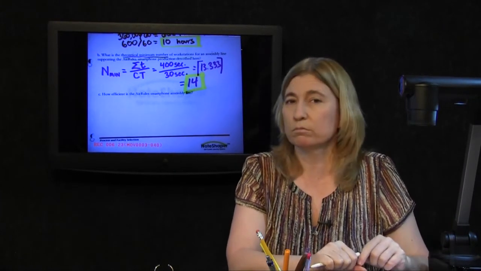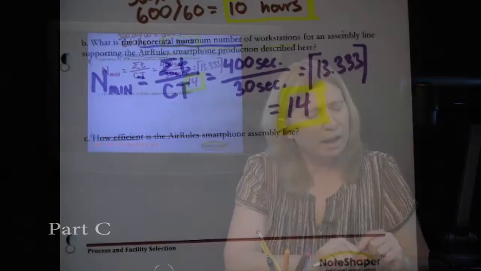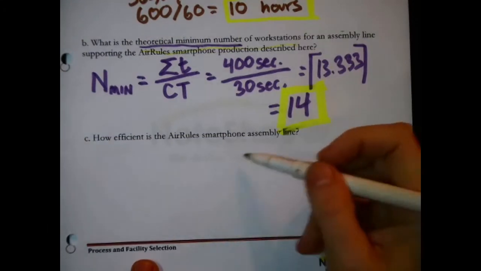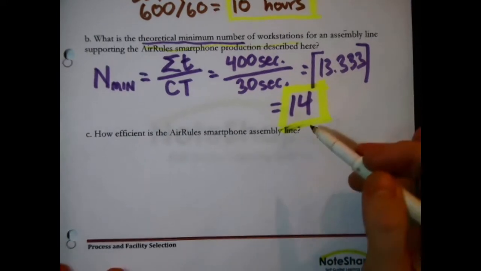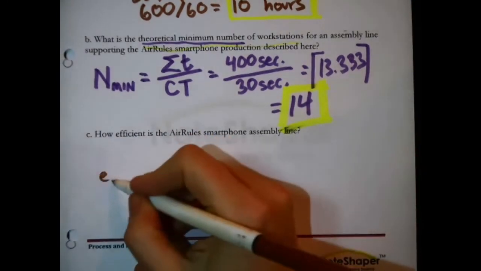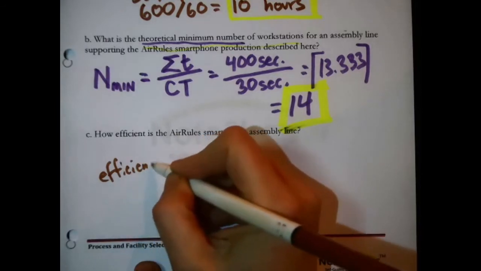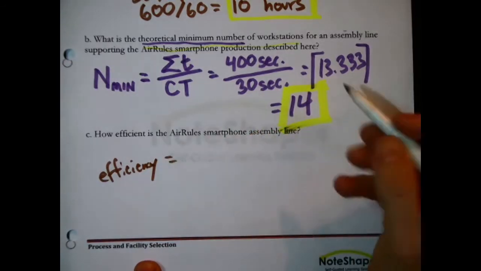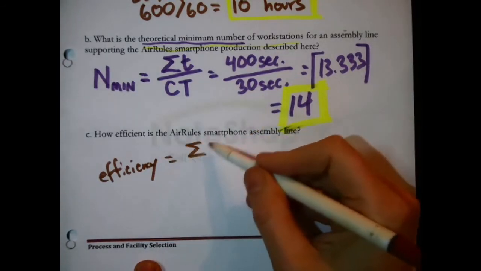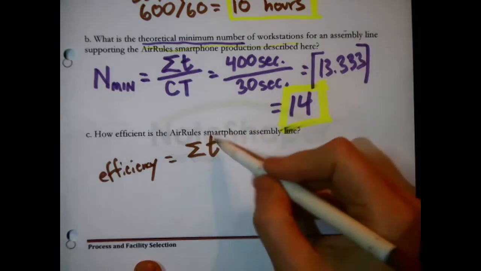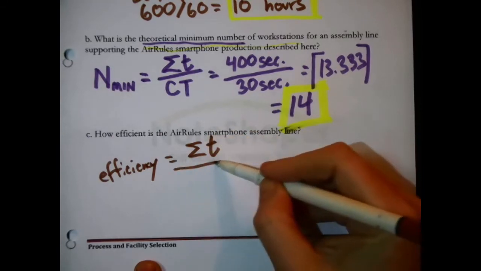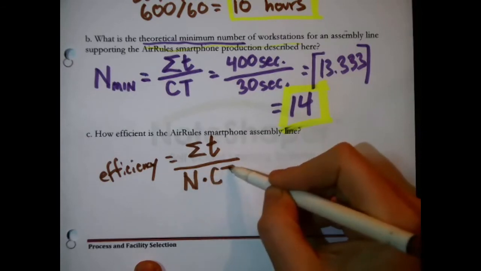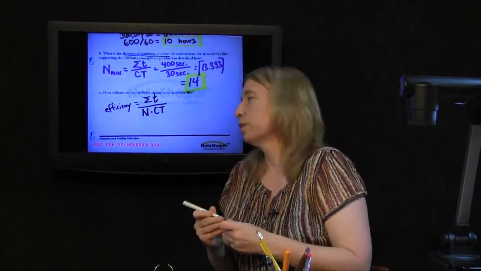Now, last part of this problem. How efficient is the Air Rules smartphone assembly line? Now, the actual one, not this weird theoretical minimum one. When you're talking about an assembly line, efficiency is most easily calculated by taking the sum of the task times, that's how long it would take you to make one by yourself, and divide it by N, the number of workstations, times the cycle time of the workstation.